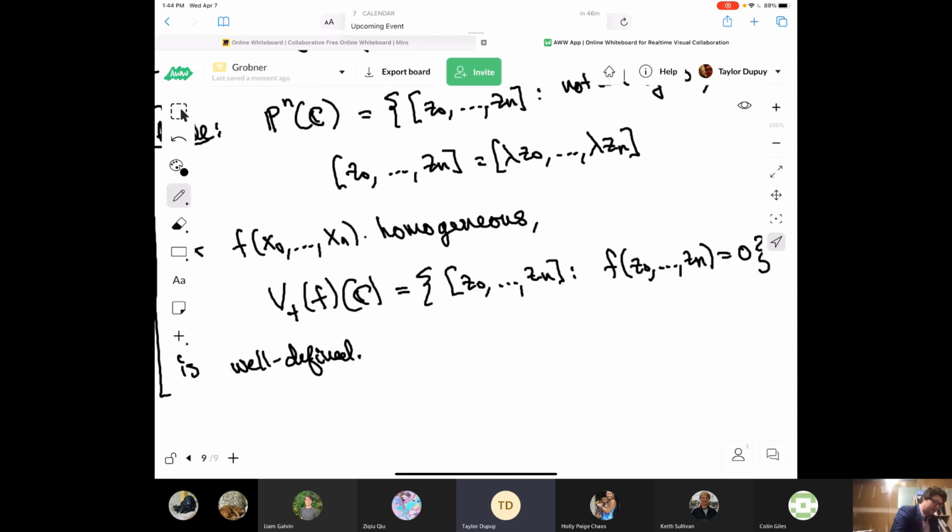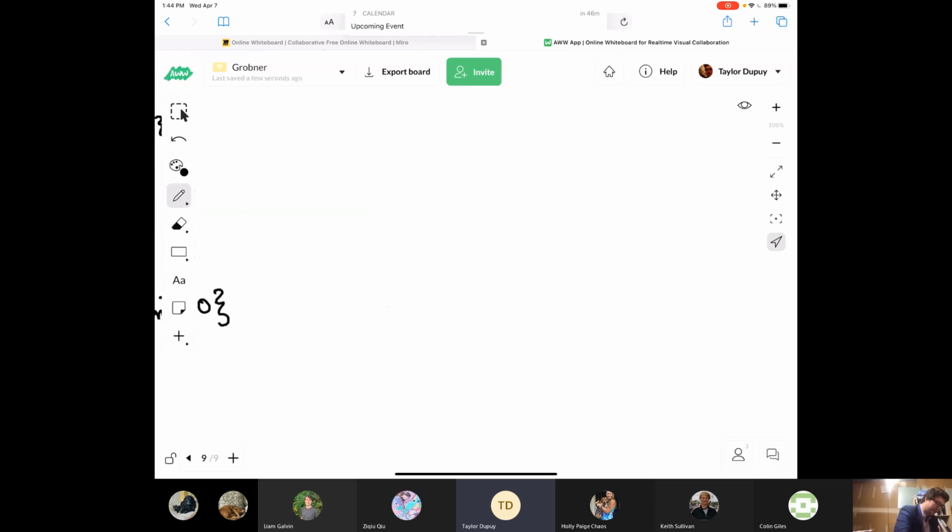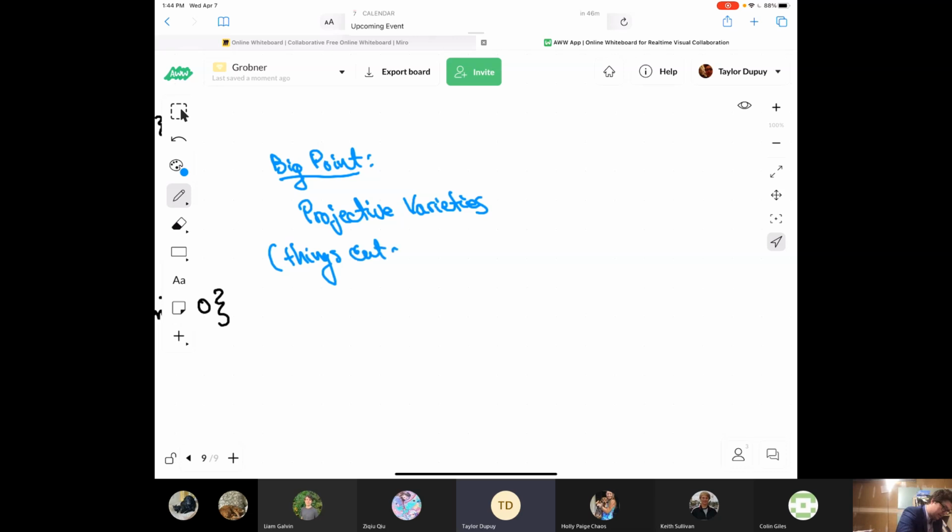So in some way, this tells us about graded rings. The big point is projective varieties: things cut out by homogeneous polynomials in projective space.